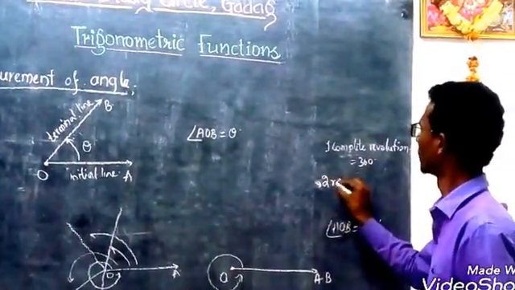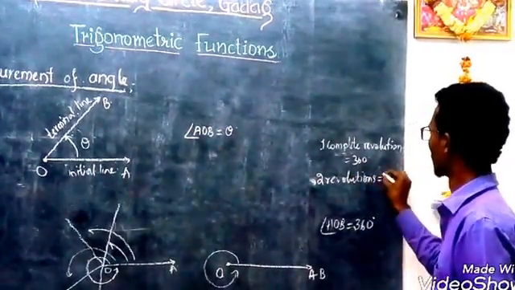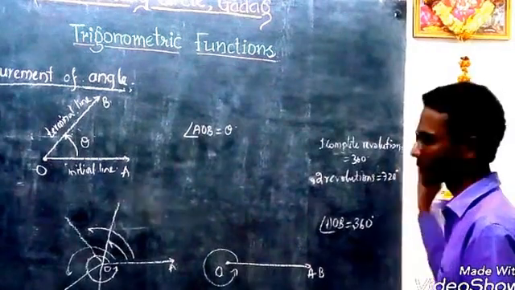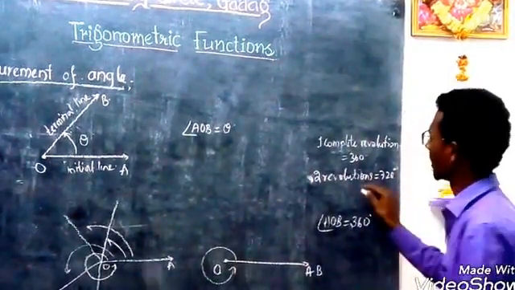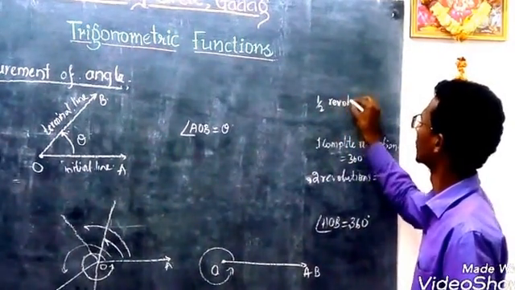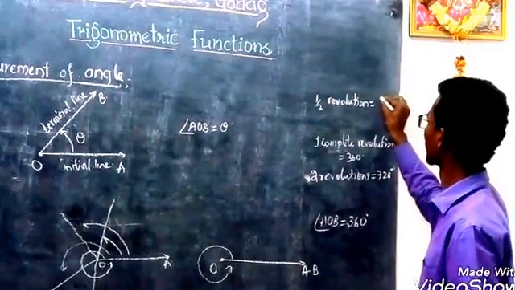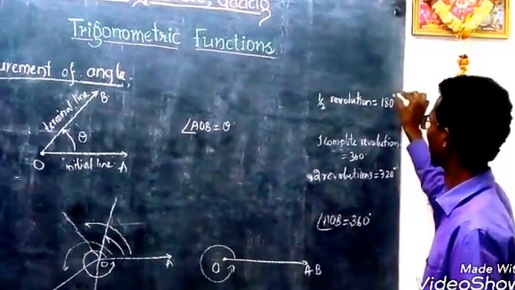Two revolutions equal 720 degrees, and so on. A half rotation, or half revolution, is equal to 180 degrees.